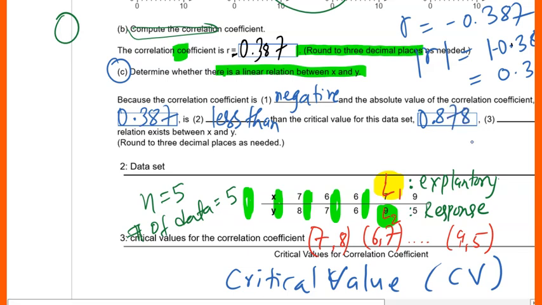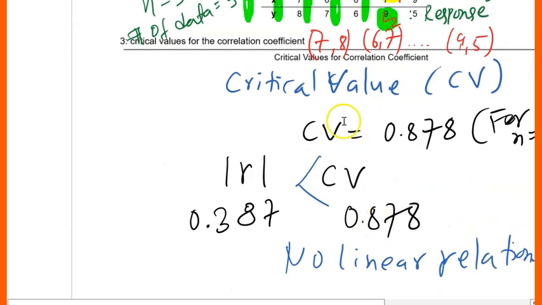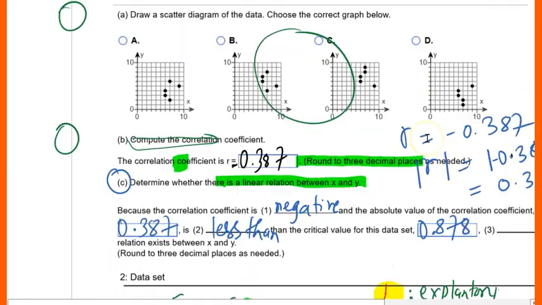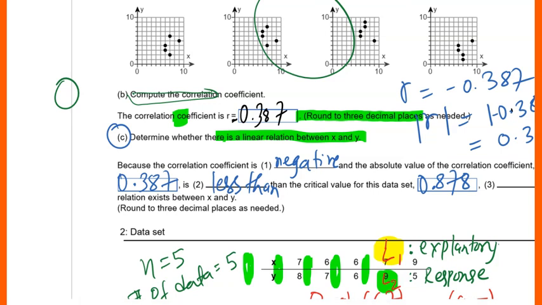You see that for this data set n equals 5, the critical value is going to be 0.878. Therefore, there is no relation existing between the variables.